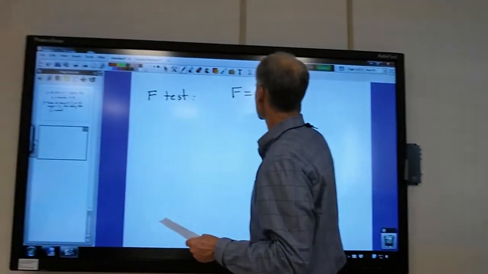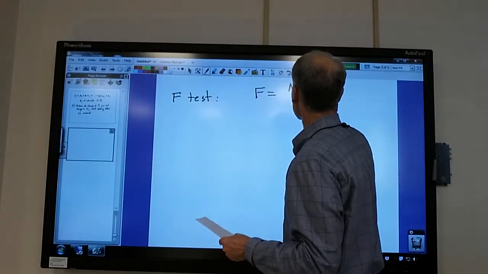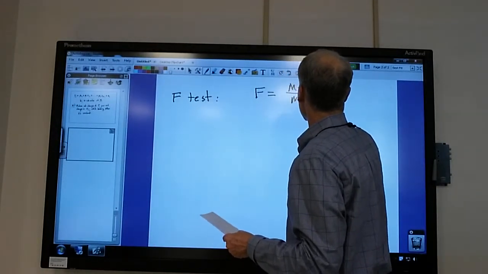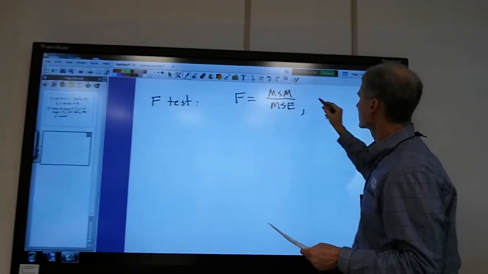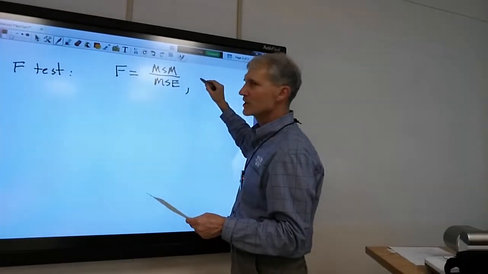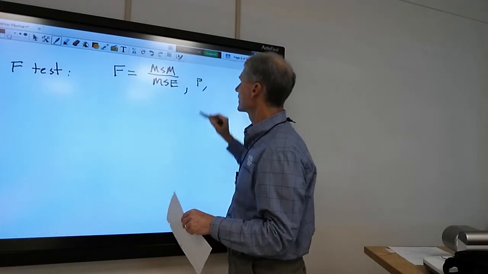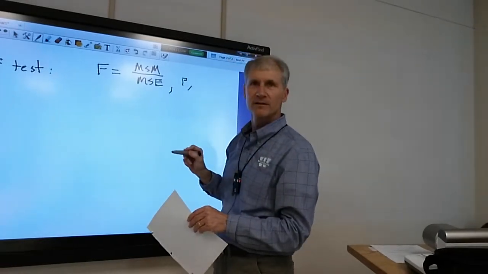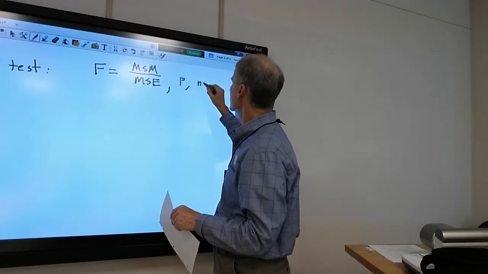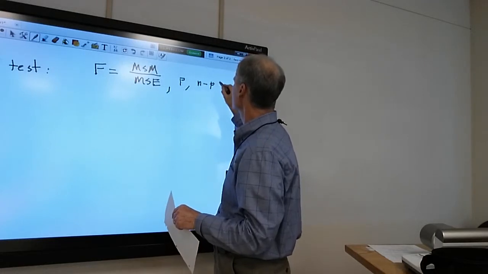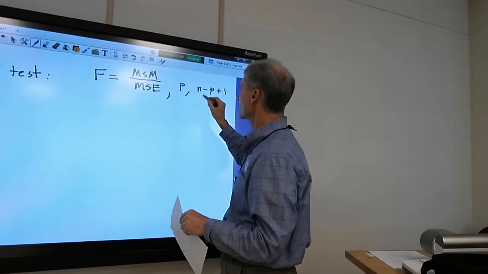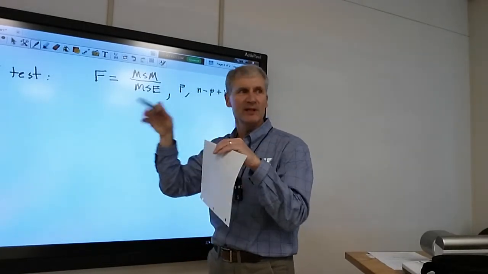The F statistic is mean square for model divided by mean square error. And it has how many degrees of freedom in the numerator? P. And in the denominator? N minus P plus 1, or you can do N minus quantity P minus 1.